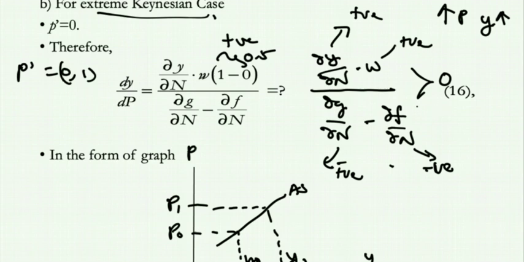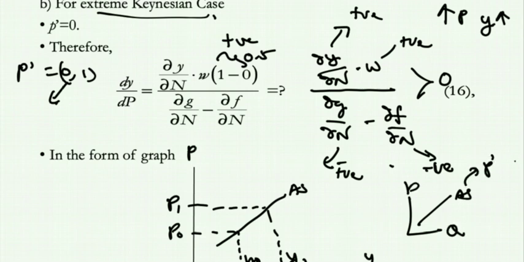So it means it is also upsloping, isn't it? This is for the imperfect foresight case, yeah? But the question is, if it is upsloping like this, for P prime between 0 and 1, is it steeper than this? Or is it flatter than this? Can you figure it out?